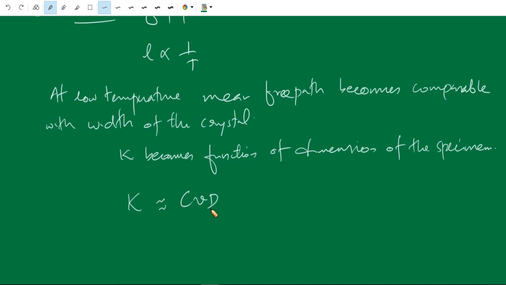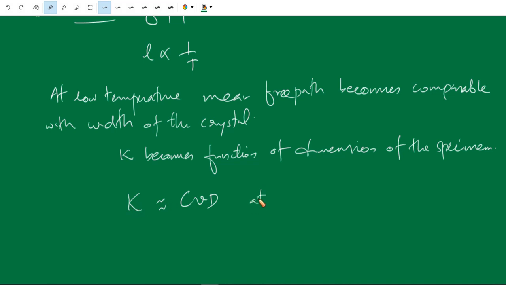Here D is the diameter of the specimen, which is a constant. V is the velocity of phonons in the specimen, it is also constant. Here C is the heat capacity per unit volume of the specimen or crystal at constant volume. So this is the only temperature dependent term in this equation of the thermal conductivity coefficient kappa.